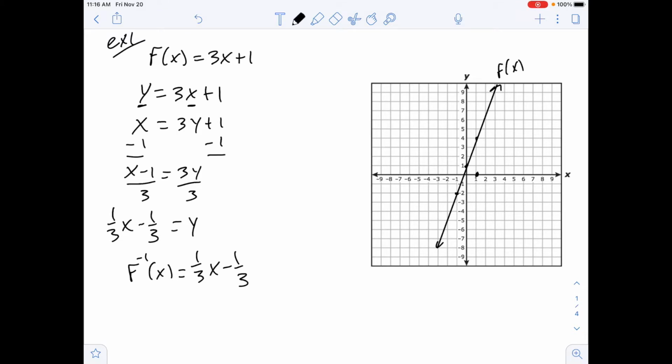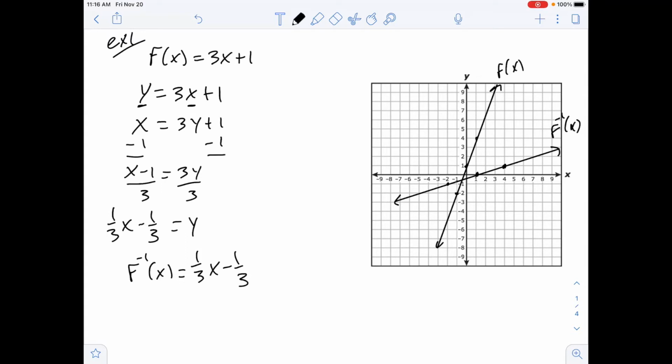And then I could just use the slope of 1/3, so go up 1 and over 3, and then down 1 and over 3 here. 1, 2, 3. And then I'm going to go ahead and do that line. Sometimes it's a little fickle there. There we go. So this is the inverse, f inverse of x.